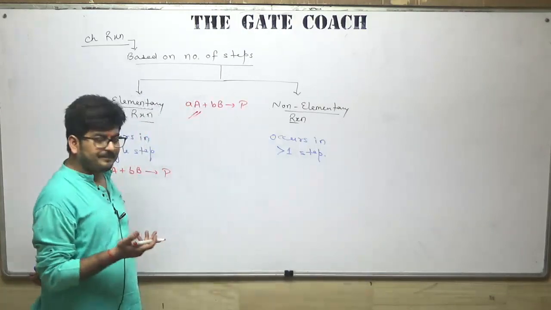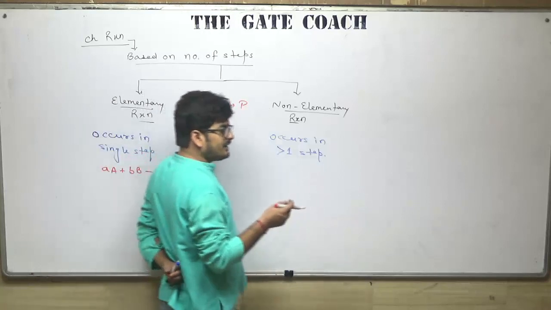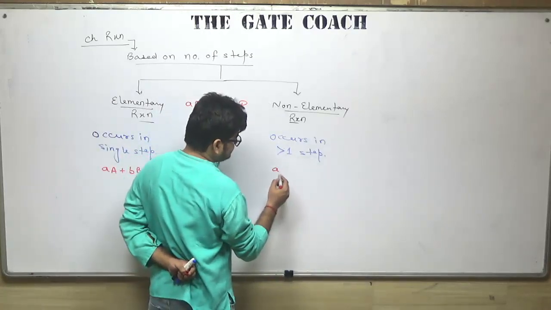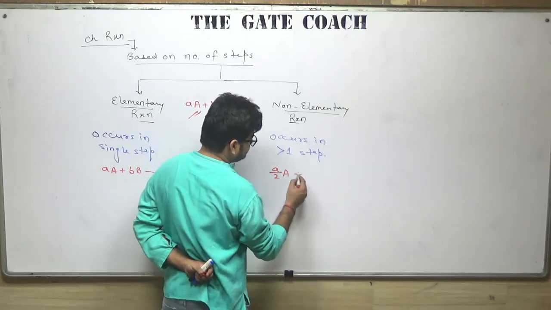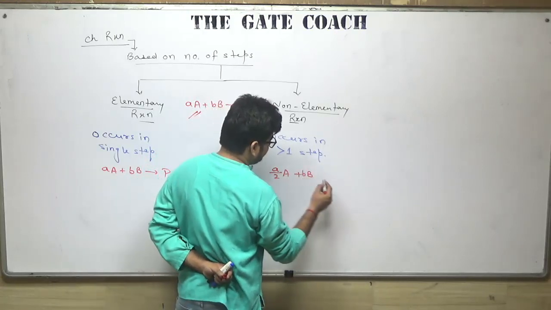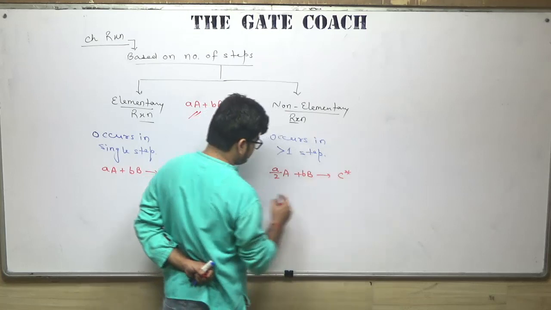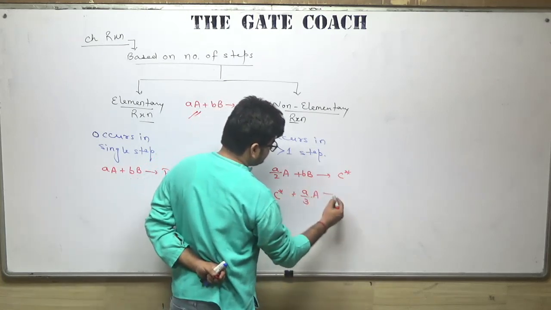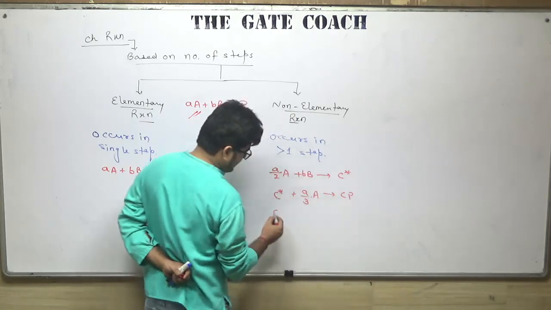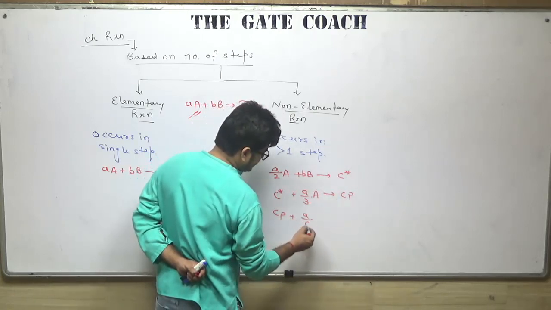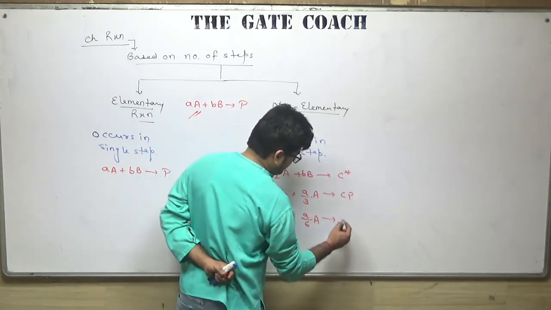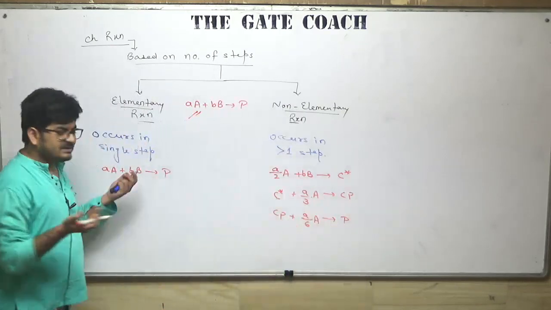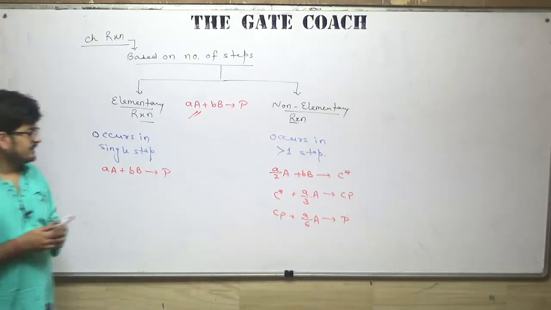So let's say this reaction is occurring in 3 steps. Suppose (a/2)A plus bB gives C star. C star plus (a/3)A gives Cp, and further Cp plus (a/6)A gives P. Okay, so let's say these are the 3 steps.